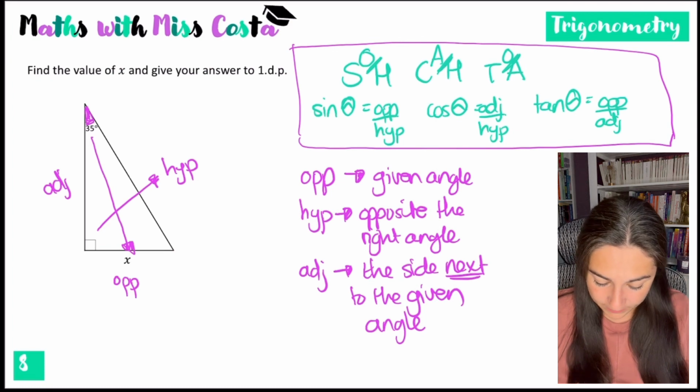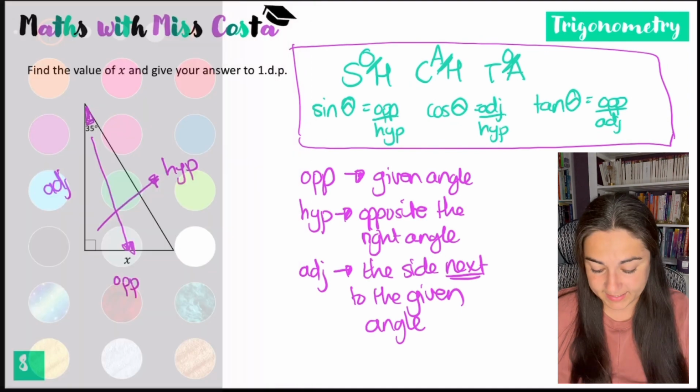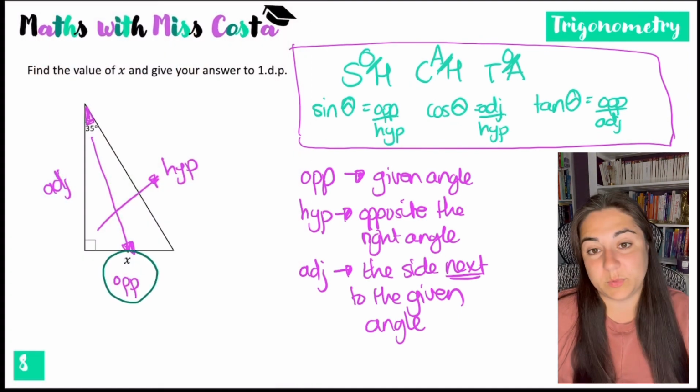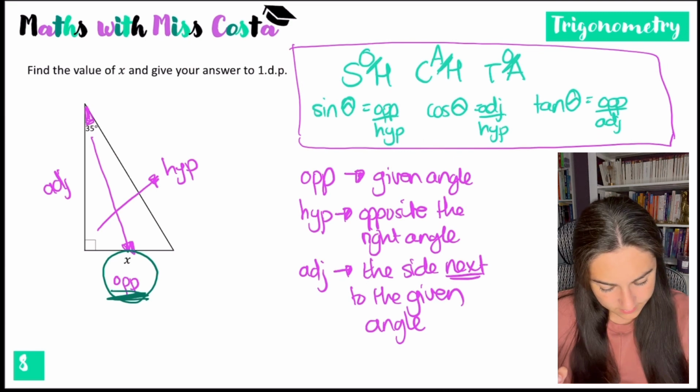Now we've got all of this, what we have to do is choose which one of our trigonometric identities we're going to use. We've been given x, we're trying to find x, so we know we need to use the opposite. I think we should have been given another side as well. Oops. I'm just going to make it up.